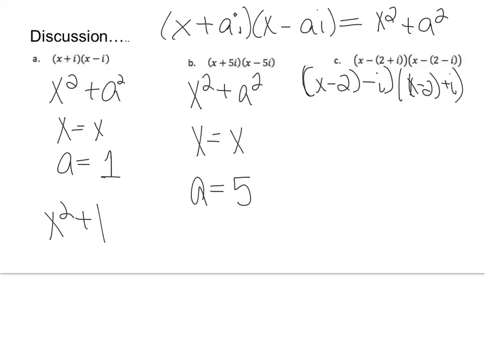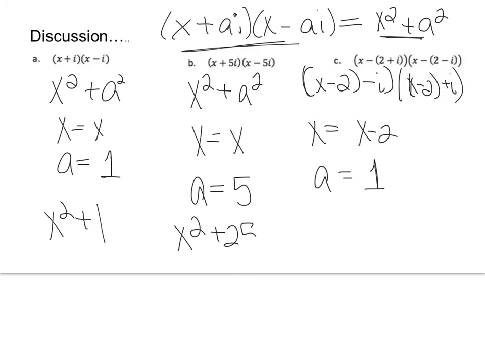Okay, it's actually much easier now. If I look at this form up here, x is x minus 2, and a is 1, right? So it's easier if I did, well actually let's rewind back here, sorry, x squared plus 25. Here, x squared is a lot easier to handle.